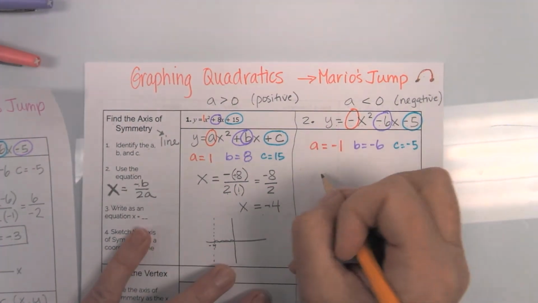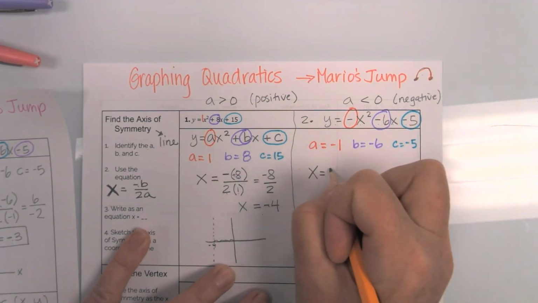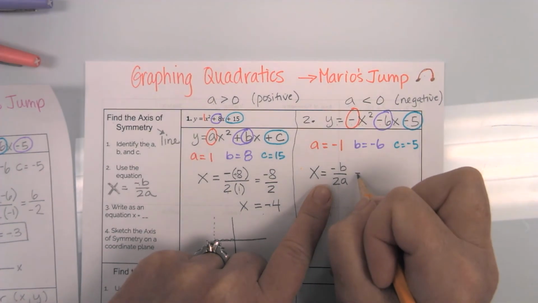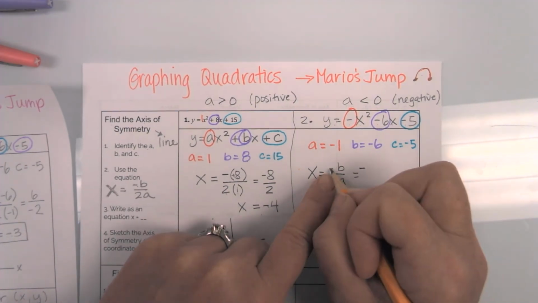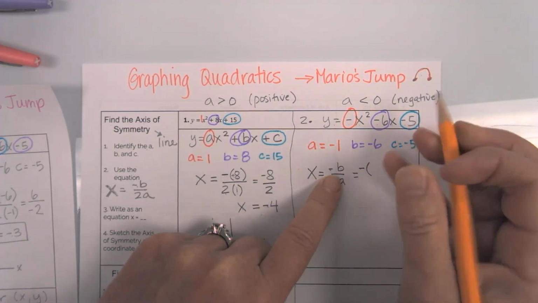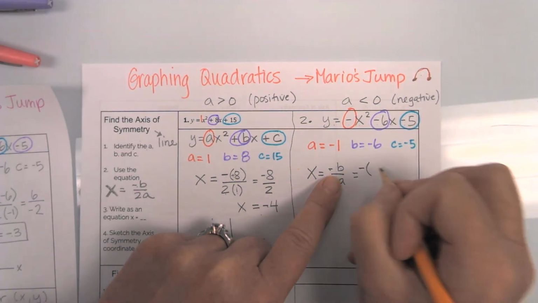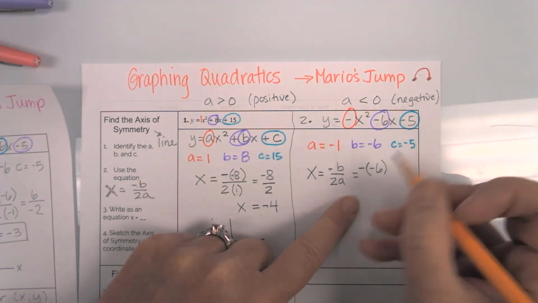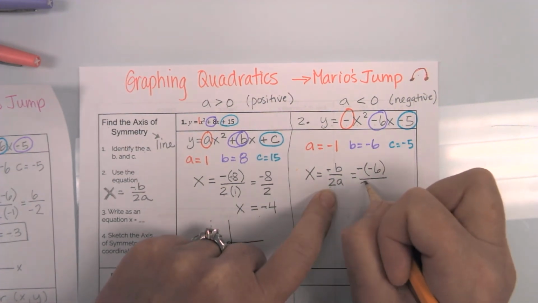So we have to make sure that we're using parentheses today so that we keep all of this straight. X equals, I'm going to write it here, negative b over 2a. Now remember, this is a negative. When I put b in, notice that b is also negative. So now I have a negative, negative 6. Then I have 2.